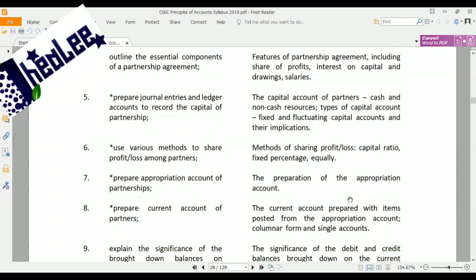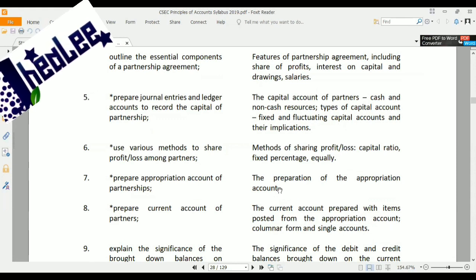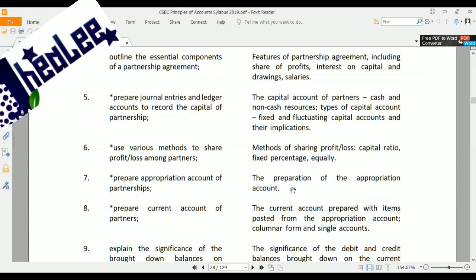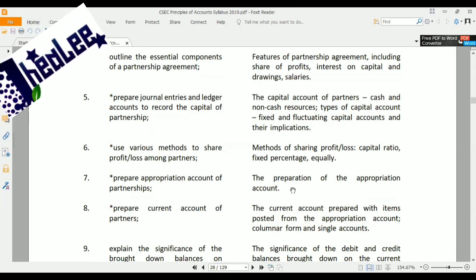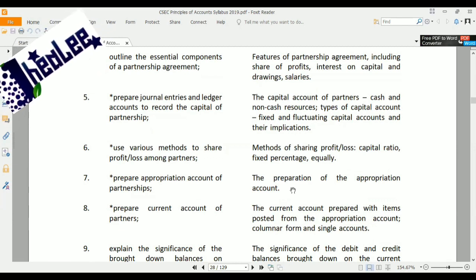Preparation of appropriation account of partnership. This is where you show how the profit is distributed among the partners, what reward they get, so the amount of interest that they receive on capital, the interest that they pay on the drawings, so that would be the penalty on the drawings, and you're showing the partner gets salary.